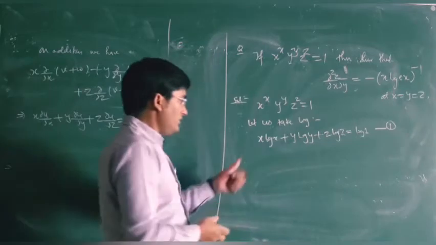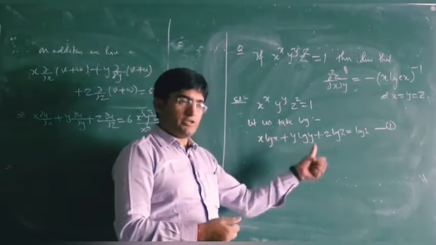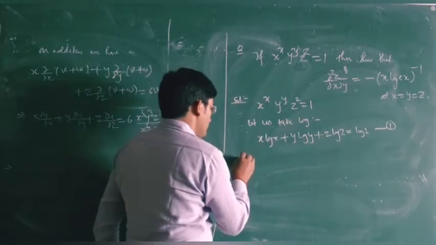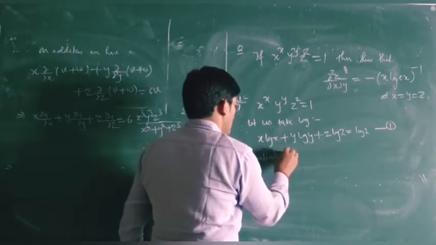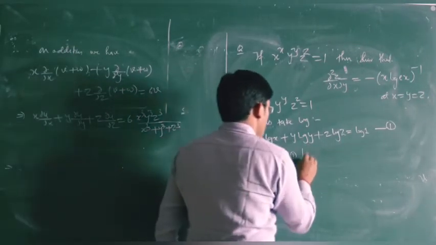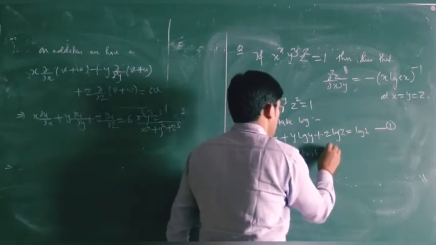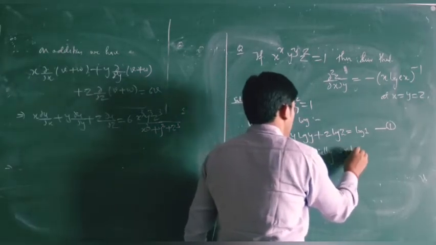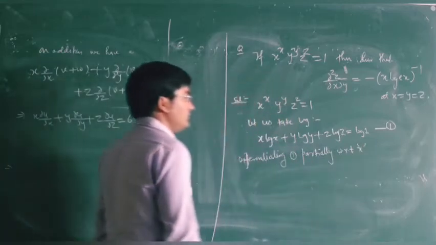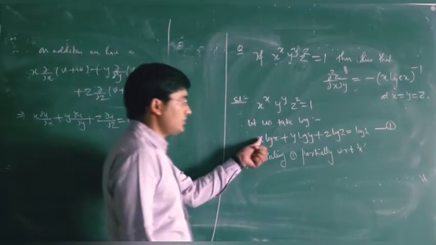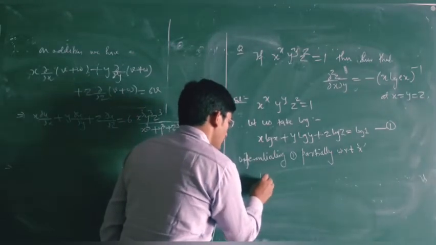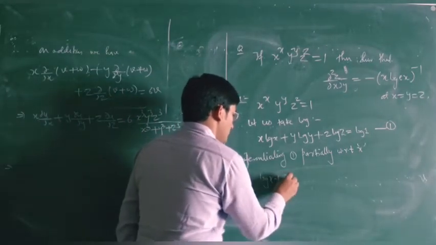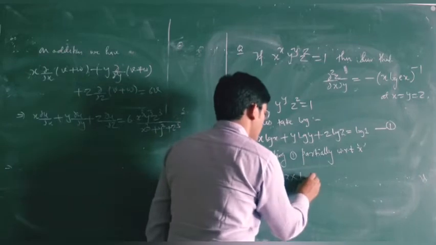Again you can see that x and y are symmetrical. So differentiating this equation partially with respect to x, the differentiation of x is 1, so we have log x, and then the differentiation of log x is 1 by x.